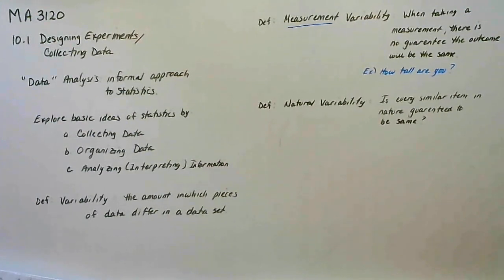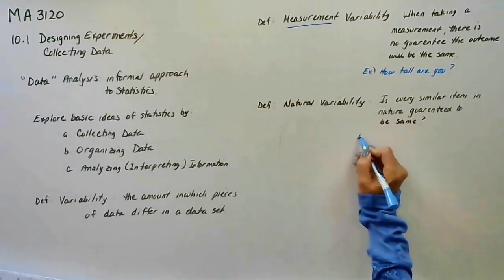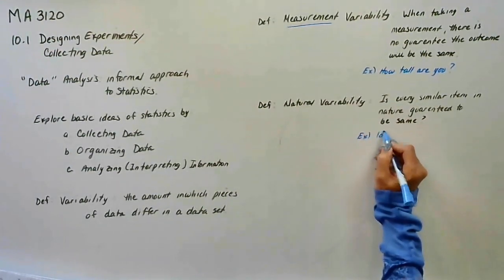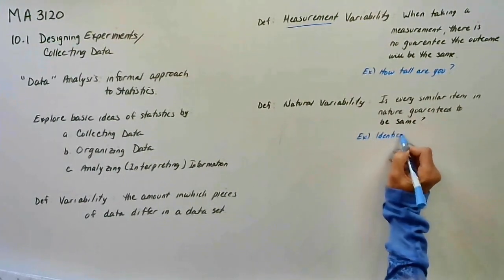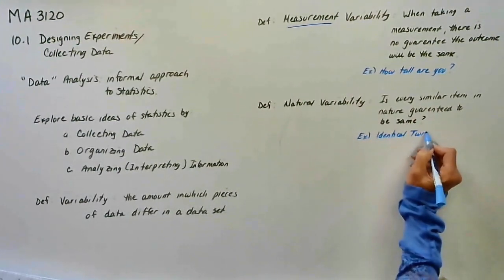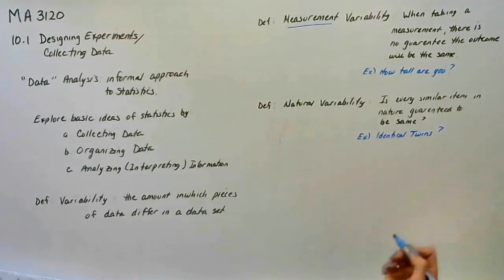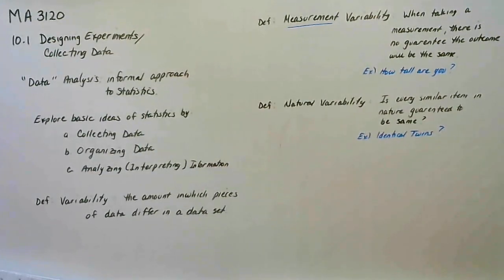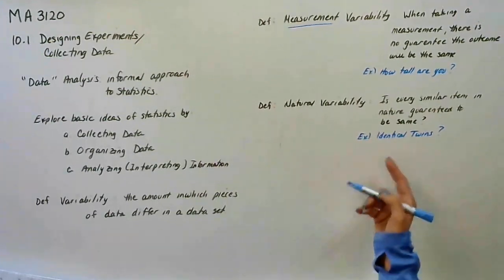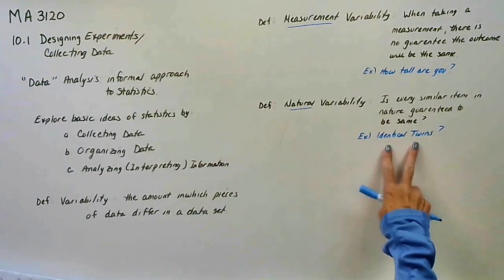With humans, let's say you have identical twins. Let's just think about identical twins. Are they identical in every single way? Well, the answer is no. They may look the same, but they each have their own set of fingerprints.